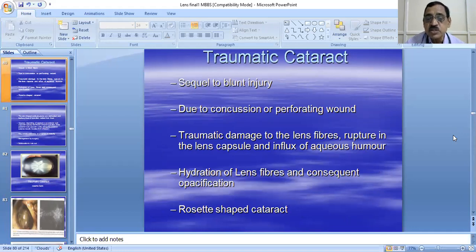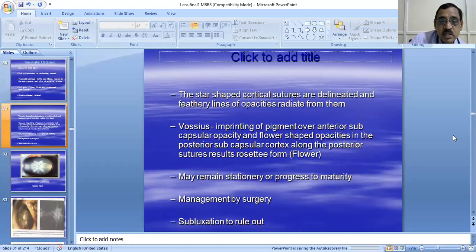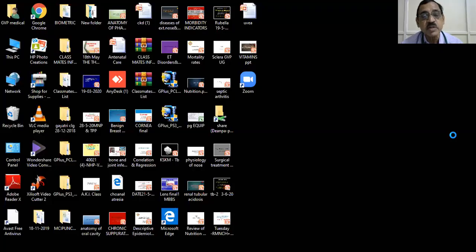There is traumatic damage to the lens fibers and rupture of the anterior capsule of the lens, and there will be an influx of aqueous humor into the lens. This causes hydration of the lens fibers and consequent opacification. A rosette-shaped cataract will be formed in these cases. The star-shaped cortical sutures are delineated initially, and feathery lines of opacities radiate from them.